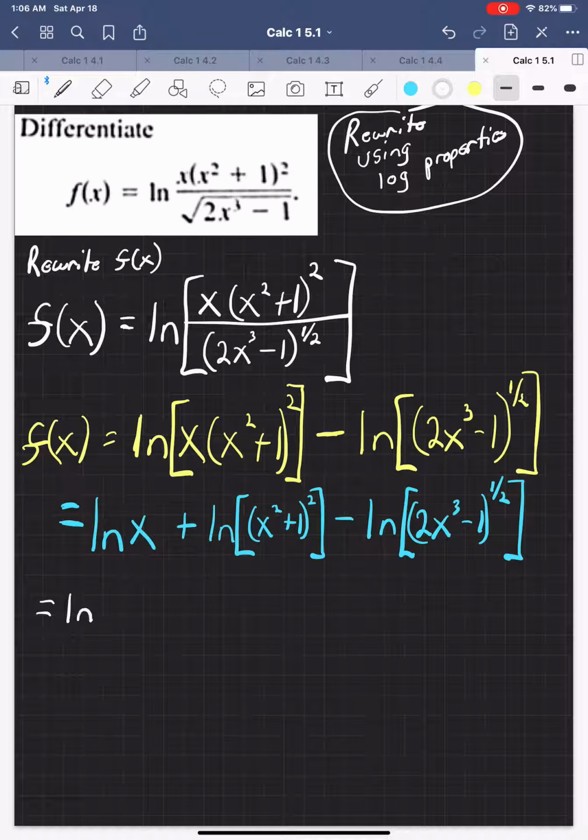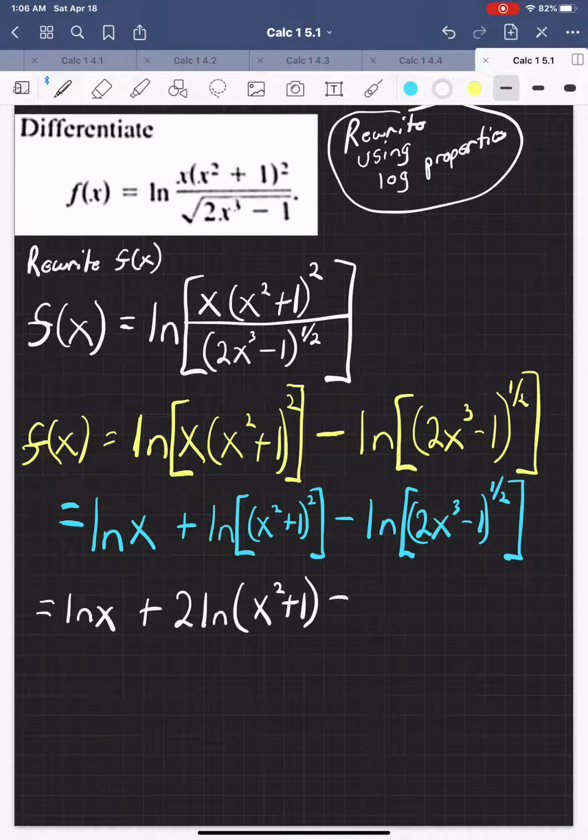So now I have ln of x plus 2 ln of x squared plus 1 minus, let's bring the half out, so half of ln of 2x cubed minus 1.